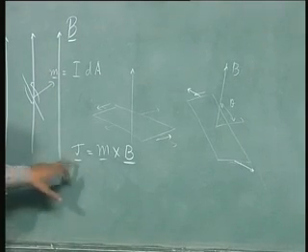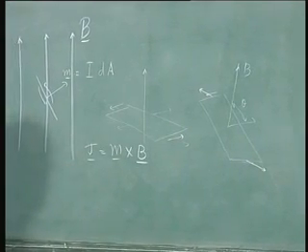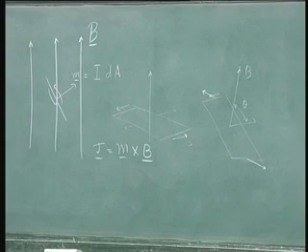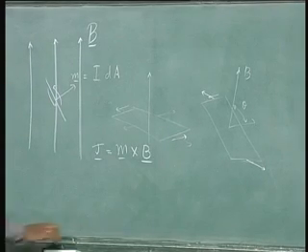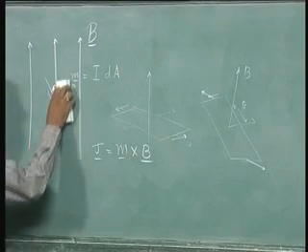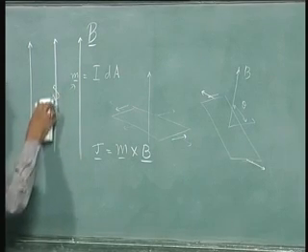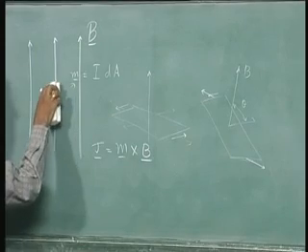Now, what is the effect of this torque? The effect of this torque can be seen if we consider what is happening in a material. In a material, we actually have many atoms, and each atom has its own spin.